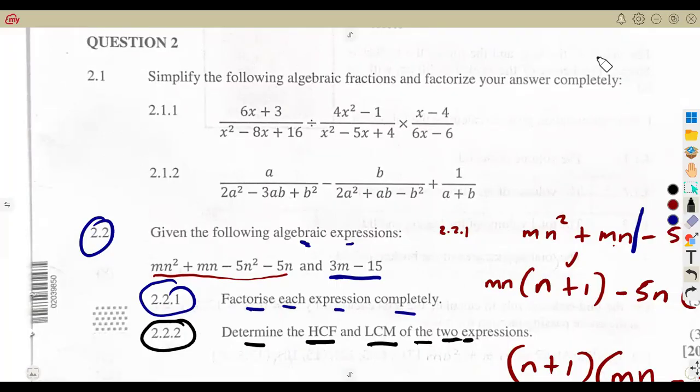So this is the part. This is actually the core part of question number 2, factorization. Go through your factorization, guys. Understand the basics from linear expressions to quadratic expressions, which consist of the difference of two squares.